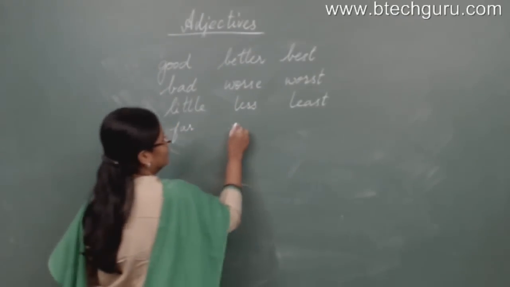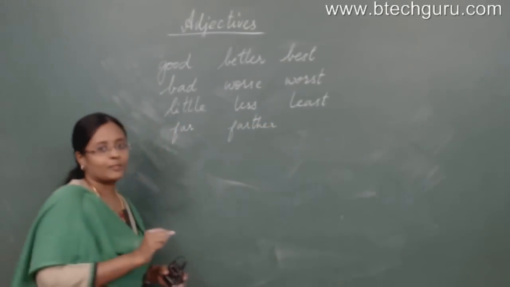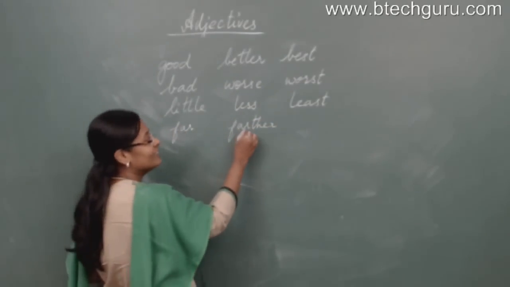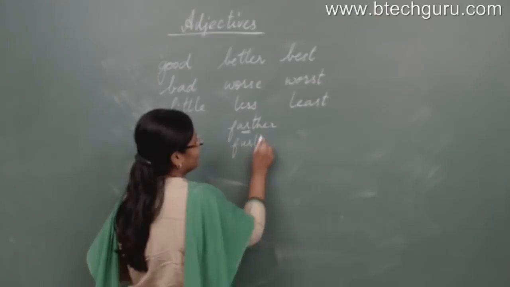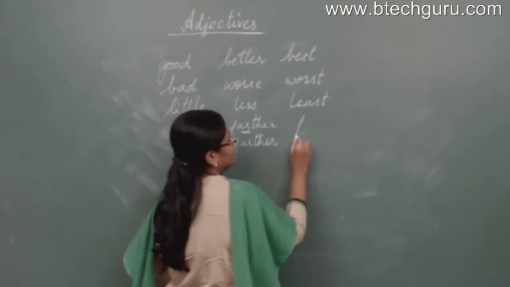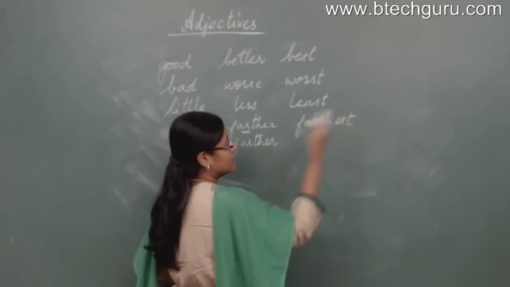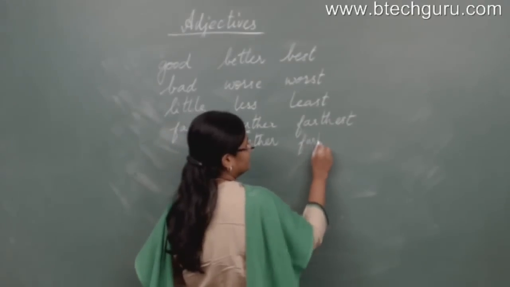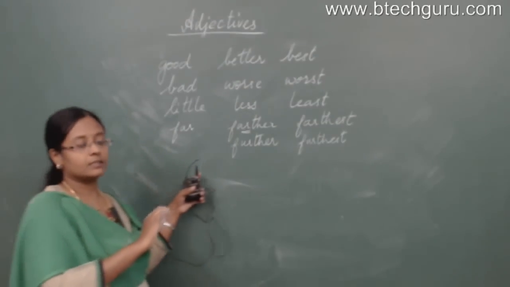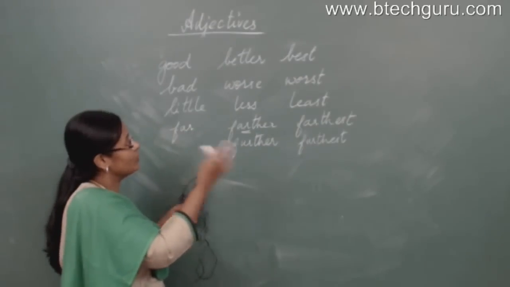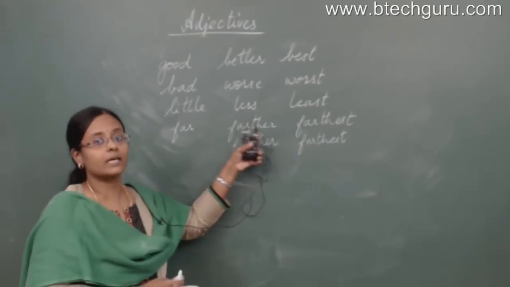Far. You have two forms, farther, not the father, mother. This is farther with an R, right? Farther, further, then farthest, the most distant, farthest. So these are some adjectives where you have a different way of forming the comparative degree and the superlative degree.